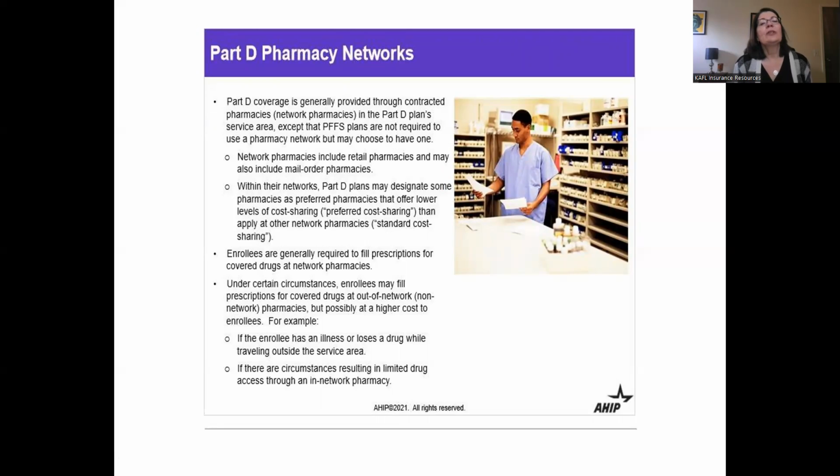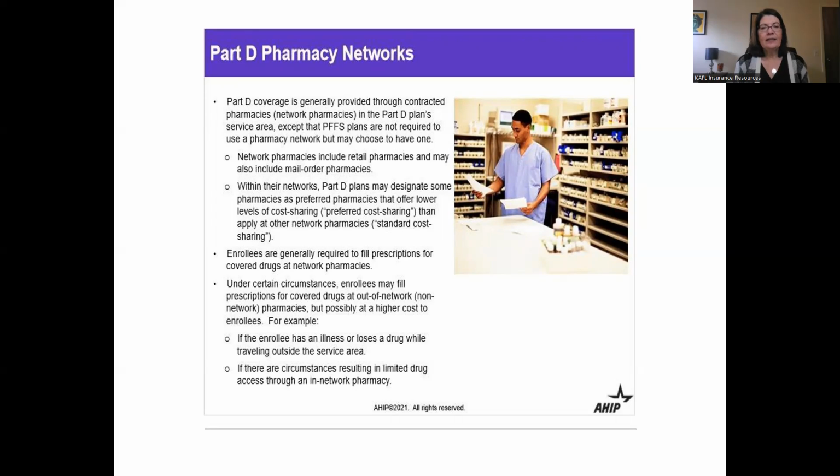So, pharmacy networks. Part D coverage is generally provided through contracted pharmacies, network pharmacies. Now, if somebody goes to an out-of-network pharmacy, and not all the plans have in-network and out-of-network pharmacies, but if this specific plan you're looking at does, the person's going to save money by going to a network pharmacy.